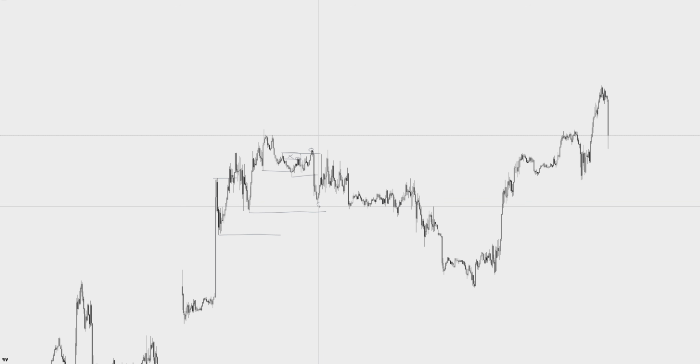So you got buyers over here that get induced by possibly taking out this high or even this high. Now you'll see the market come here, respect this high over here, come lower, take out this internal low, induce sellers or early sellers, and then you'll see that move up, trap the sellers, and then you can see the move lower towards the lows, and ultimately this low over here.